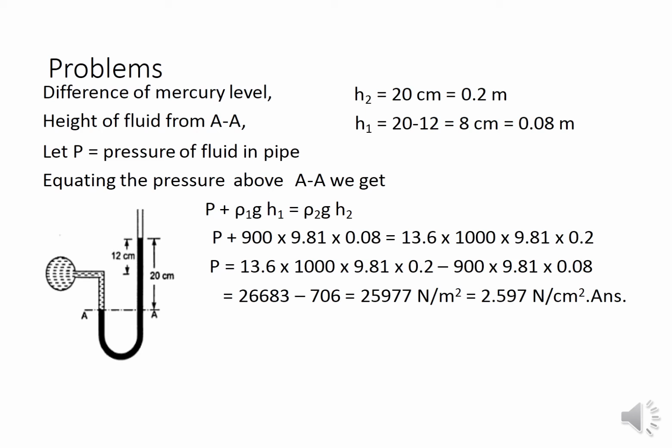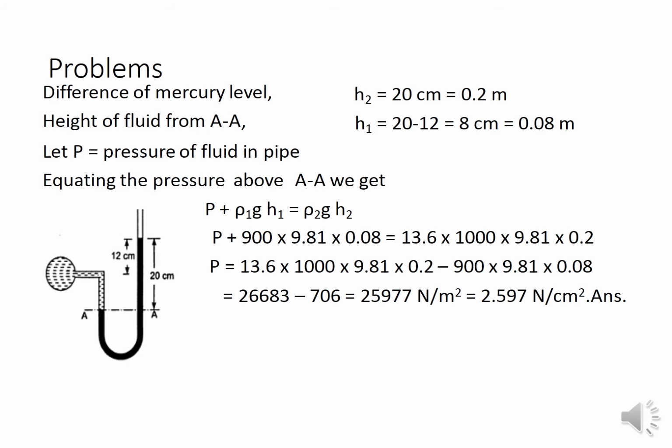So now this is the figure what is given in the problem. What he has given, difference in the mercury level is 20 centimeter, and that liquid height is 12 centimeter below the mercury level. So you can see in the figure.